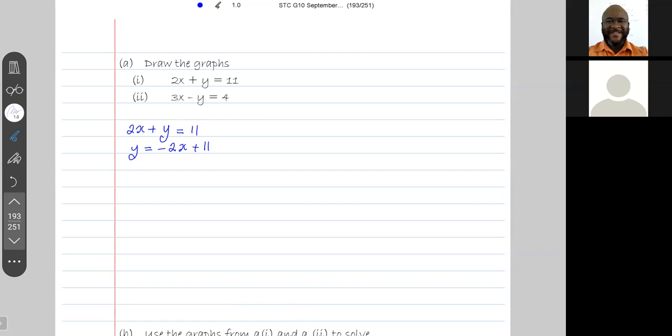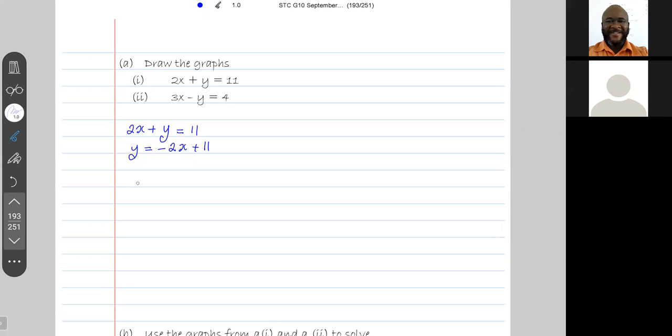So I'm going to select a value of x. Please note the gradient here is not a fraction, so I don't need to be selective in terms of what I choose for x. I don't have to select a particular value of x. I can select any value of x within reason.